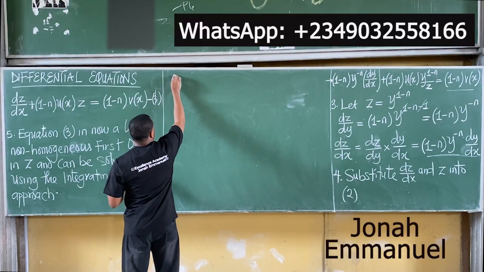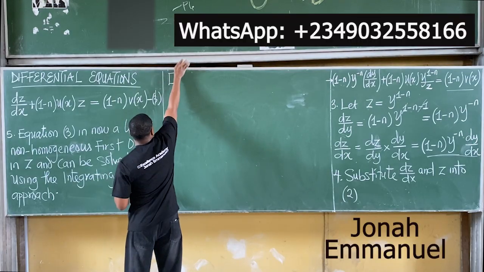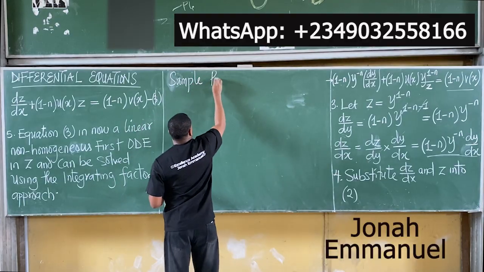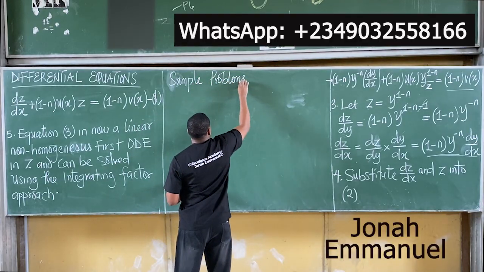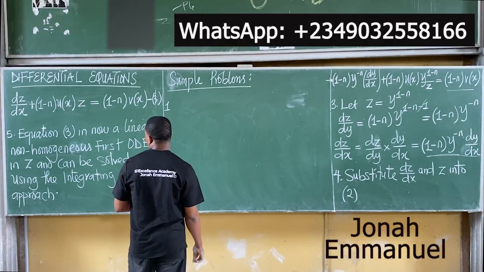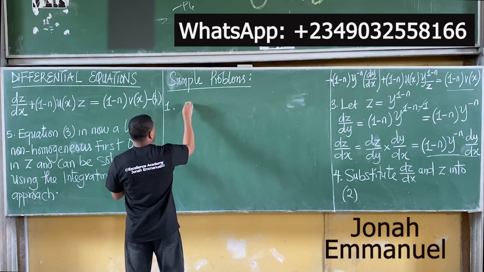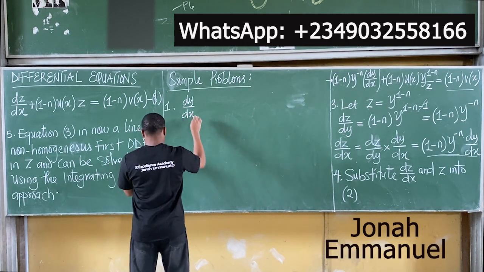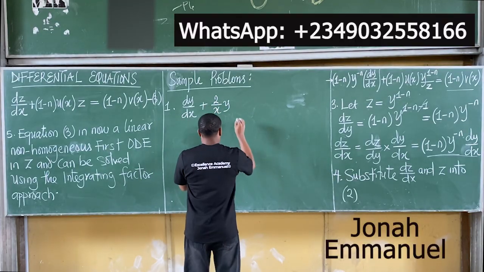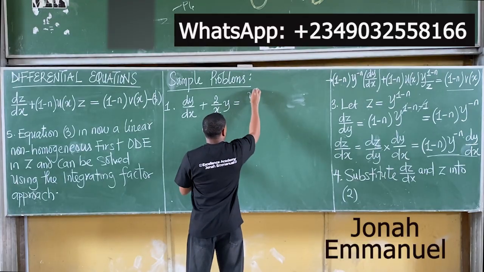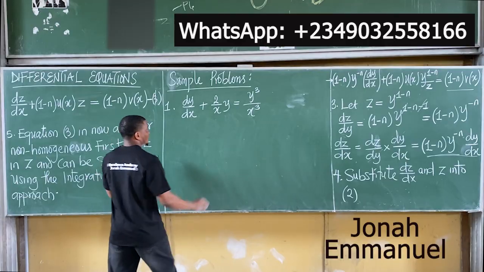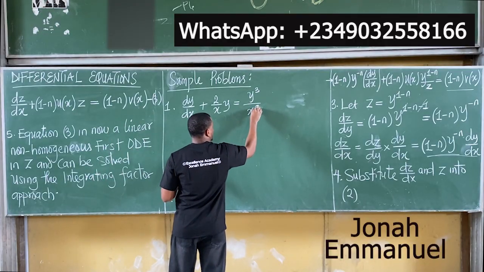Example or sample problems. Number one, you have dy/dx plus 2 over x times y equal to y cubed all over x squared.